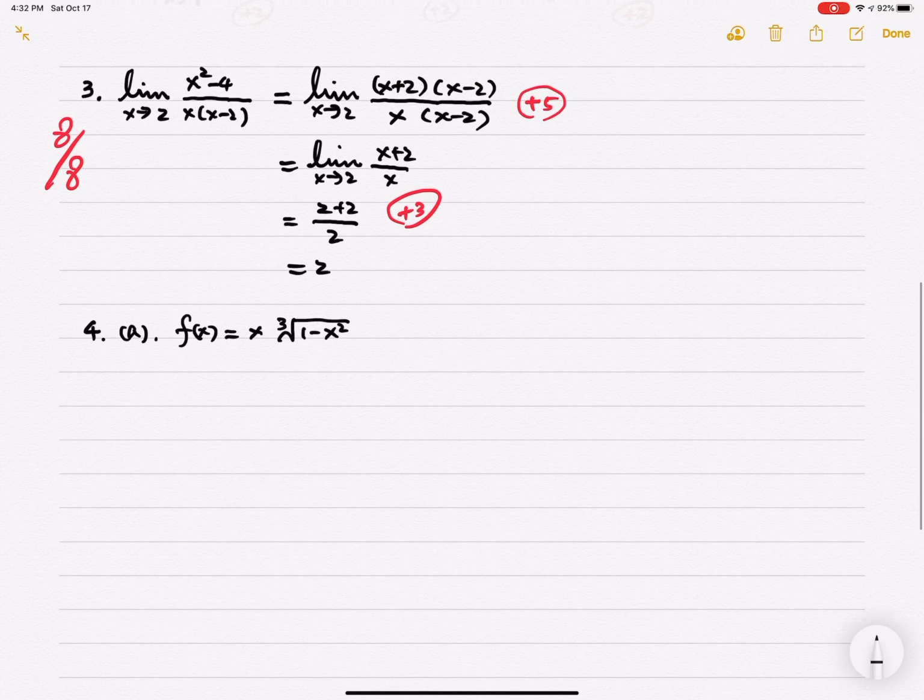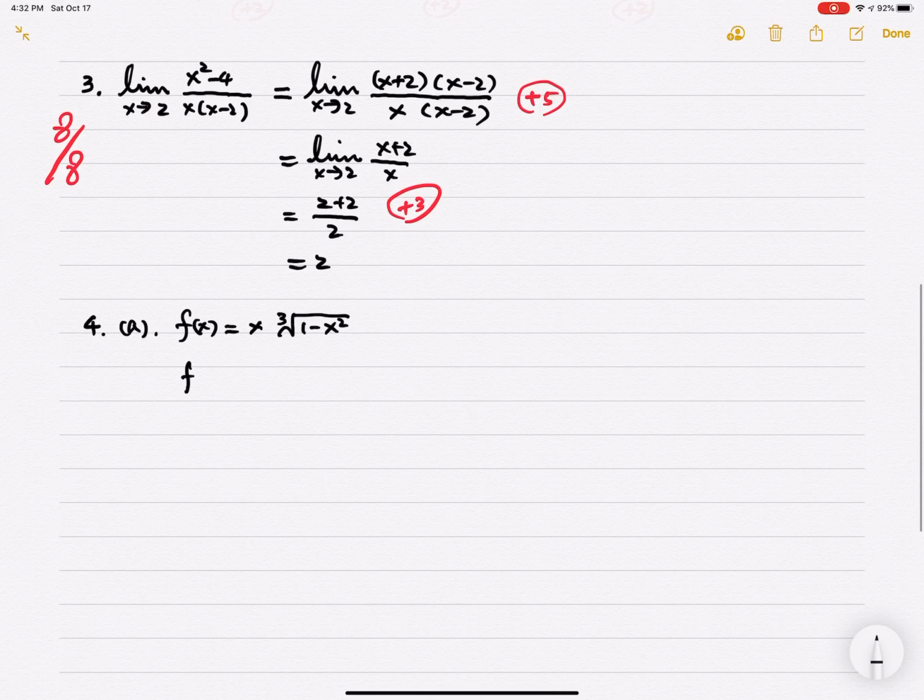So here we say f prime of x is equal to, we use the product rule: derivative of the first function times the second function, plus the first function times the derivative of the second function.